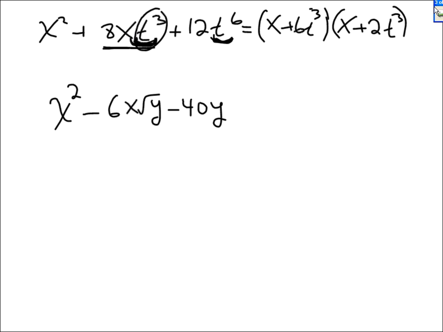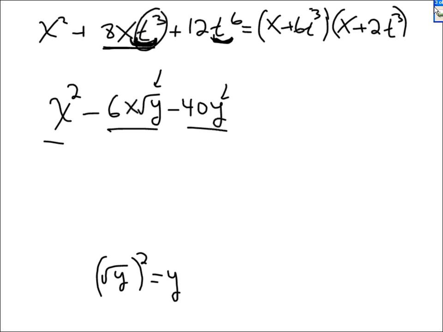There's the x squared and the x term, and we'll call the rest the constant. By the x term, you have the square root of y. And you ask yourself, if I square it, what do I get? The answer is you get y back, which is right there.